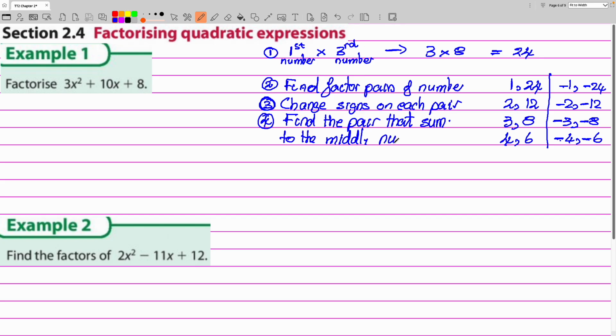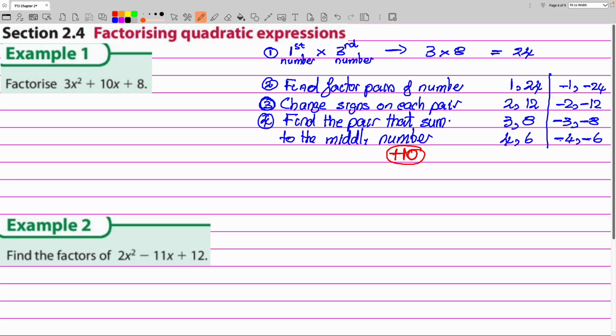number. Now, in the context of this problem, what is the middle number? I'm going to emphasize the sign in front of it, and I'm going to say plus 10. So what you do in your head is you replace each of the commas by a plus symbol.